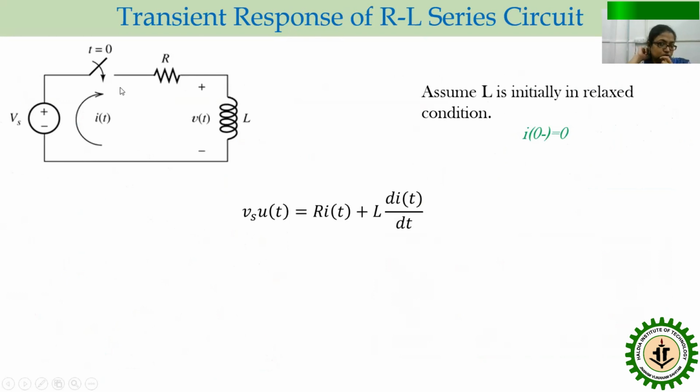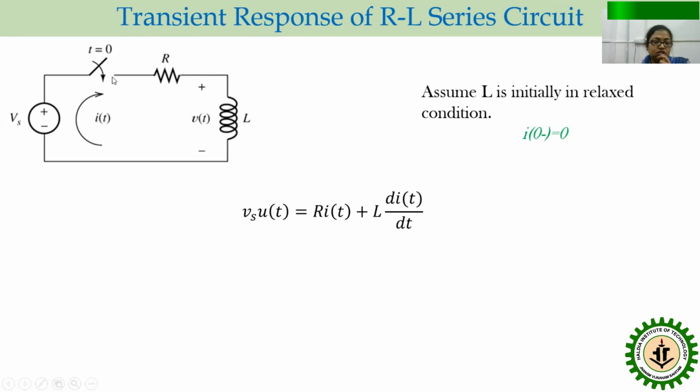As we are using this switch, the u(t) term is there, so we are providing one transient input with amplitude Vs. Here we assume the inductor is initially in relaxed condition, meaning the inductor does not store any initial current or initial charge. As we know, an inductor always opposes any sudden change of current flowing through it. Using this property, we can now see the transient response of the RL series circuit.